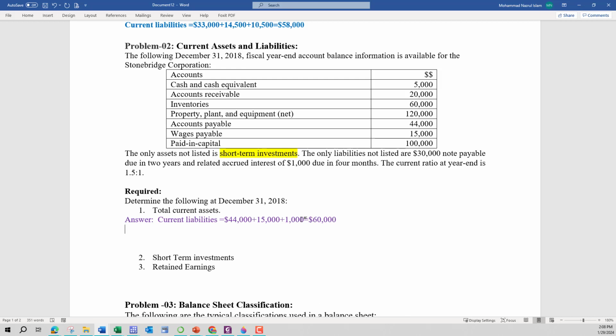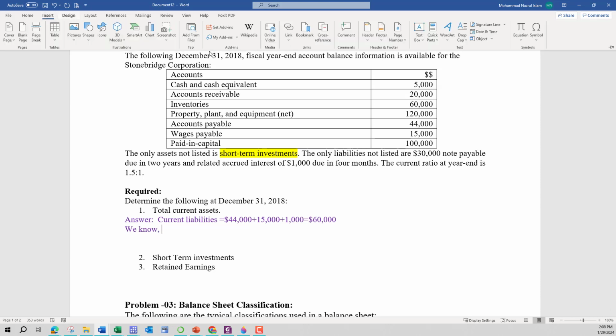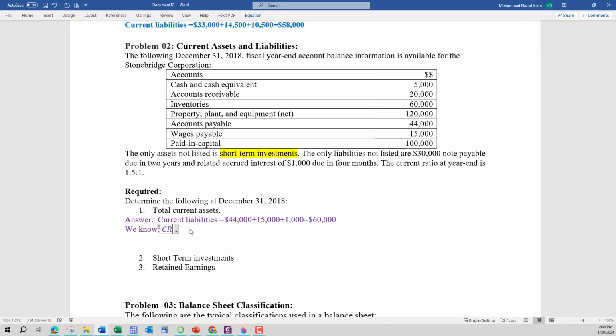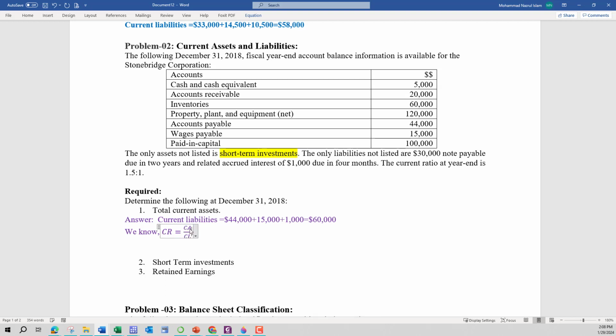Okay, that's fine. And we know the current ratio, so current asset divided by current liability is equal to 1.5, correct? So visualize that we have 1 below the 1.5.